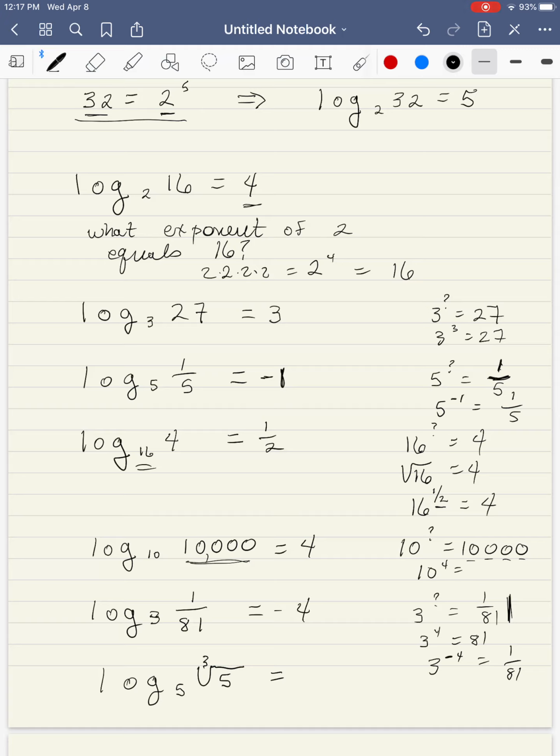And then on this last one, if I rewrite my argument, the cube root of 5 is 5 to the 1/3 power. So this is literally saying 5 to what power equals 5 to the 1/3 power. So it's just going to be 1/3.